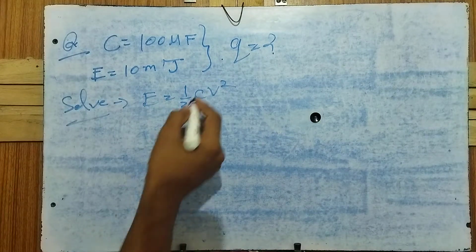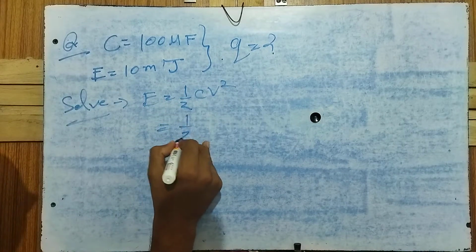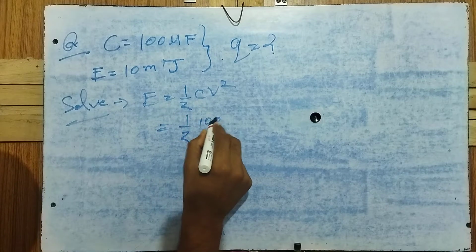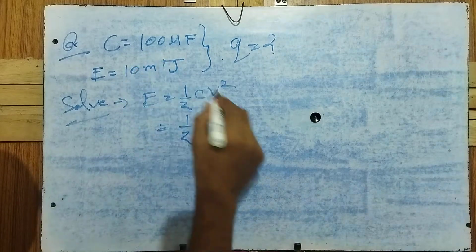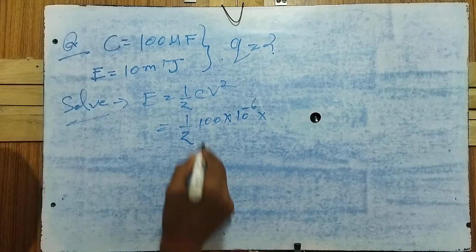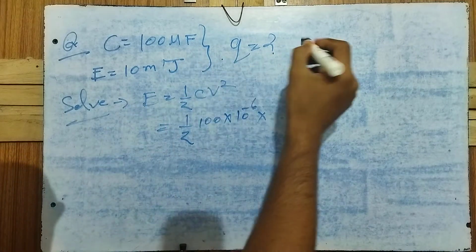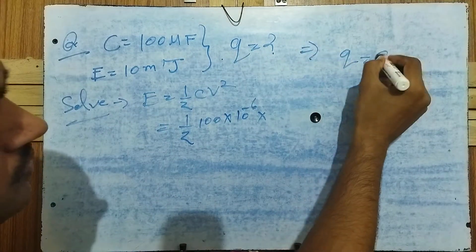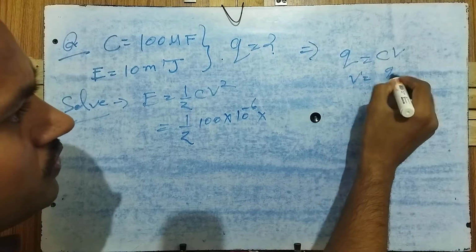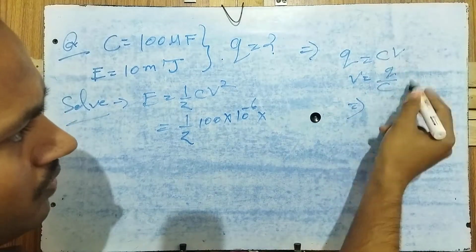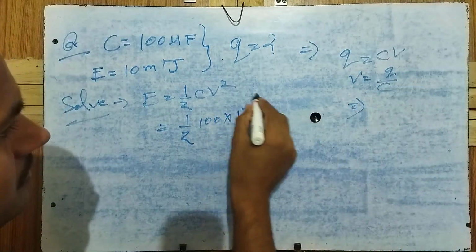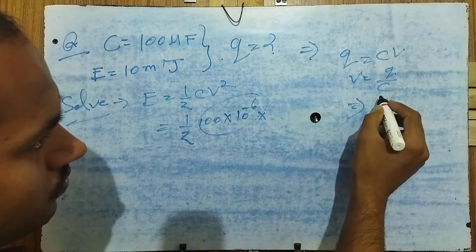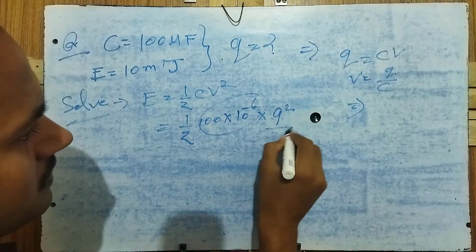In case of inductor, half Li square. So half C is 100 into micro, means 10 power minus 6. Voltage is, what is voltage? Q is equal to CV. So V is equal to Q by C. So from here we can say, Q square by C square.